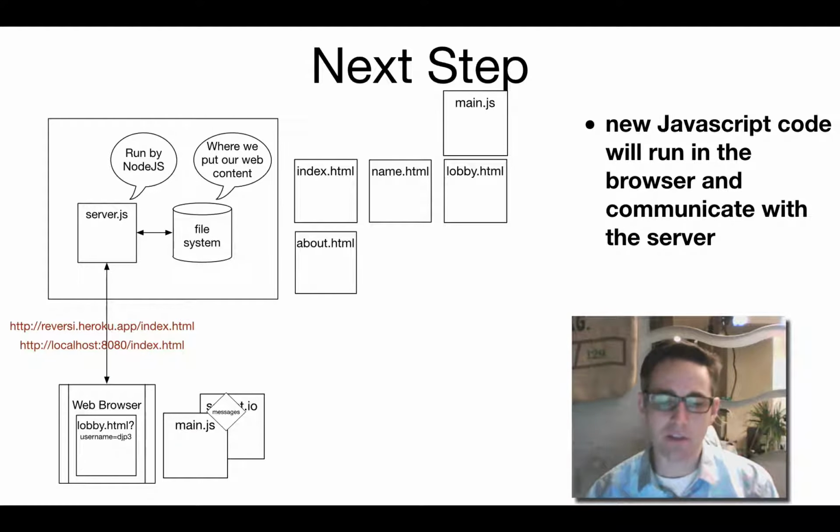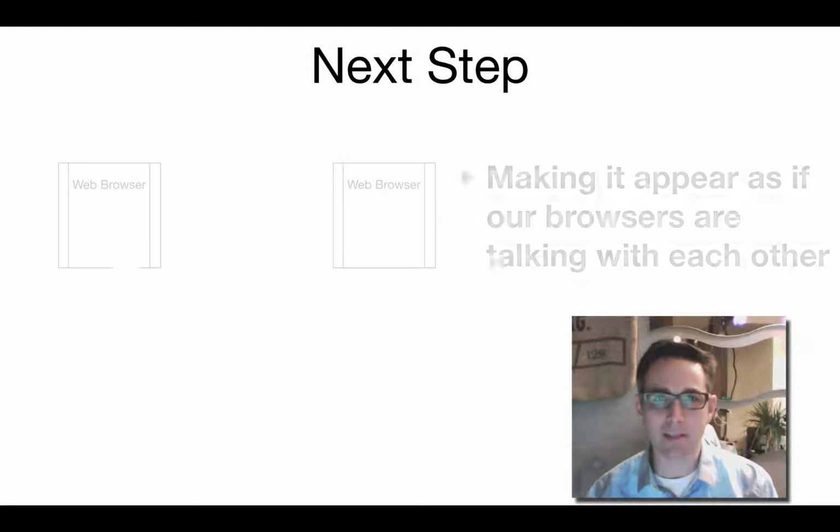Those messages are going to be sent between our local browser and the server. Now, these aren't going to be URL requests. These are going to be WebSocket requests so that we can send little bits of data back and forth that don't require a full web page load. This is going to be pretty lightweight, and they'll go back and forth between the two locations several times as we pass data back and forth.